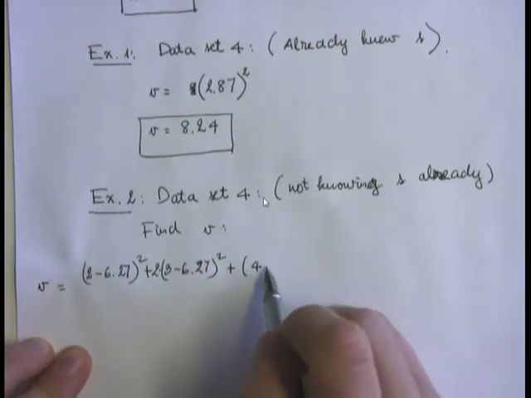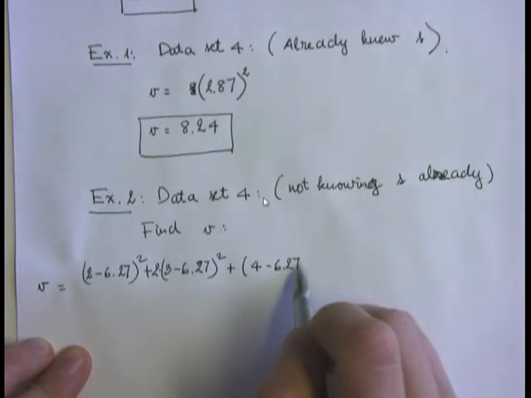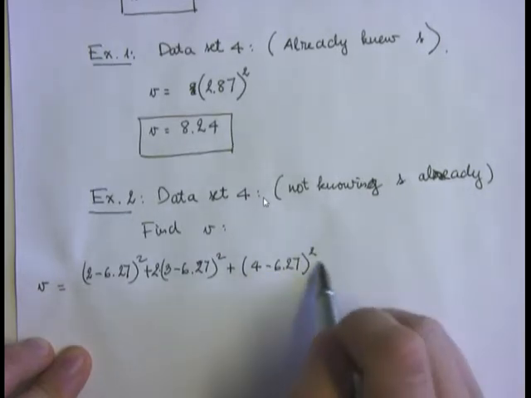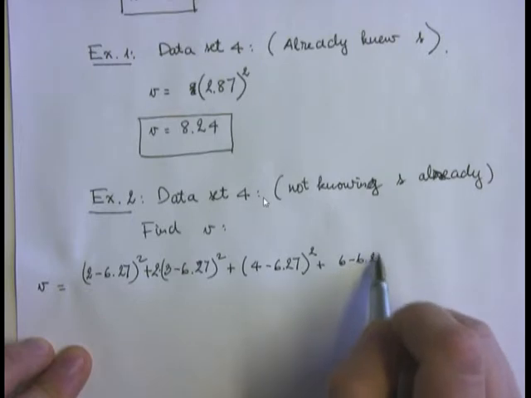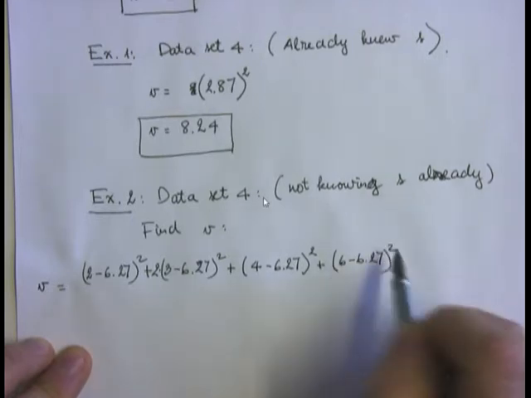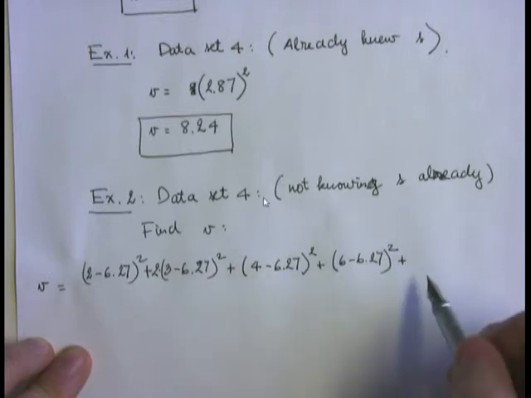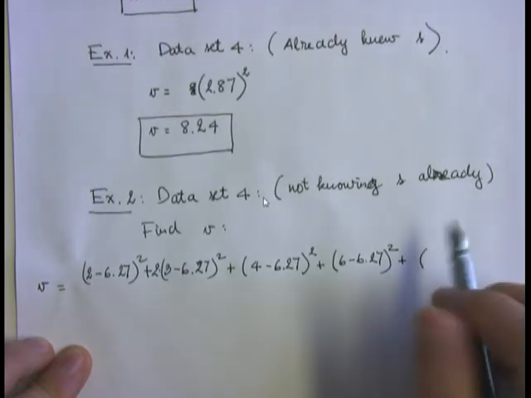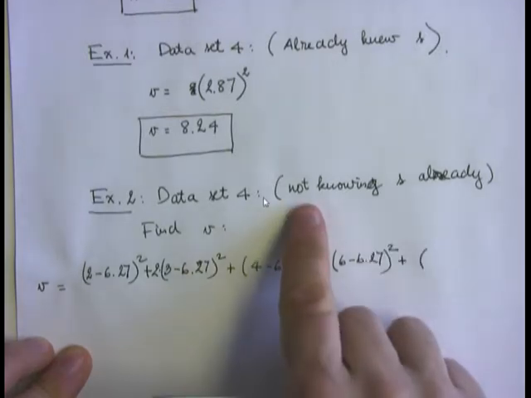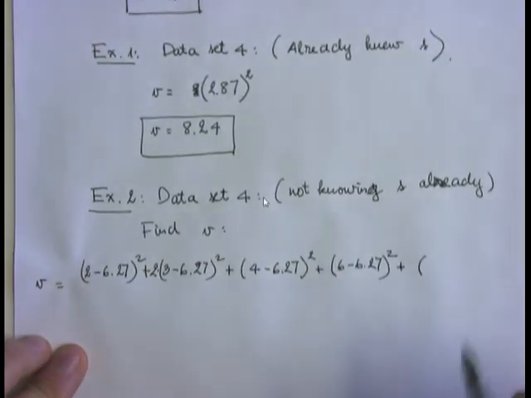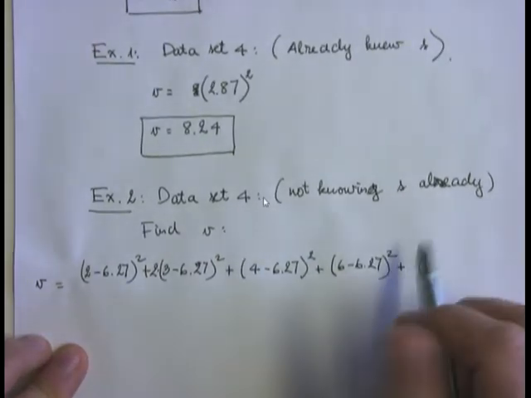Third data value, 6 minus 6.27, only one time. As you're seeing what I'm doing in this video, I am just simply reworking the standard deviation problem. And once again, it's all because we're assuming that we don't know the standard deviation yet. So we're still on our way to find the standard deviation.